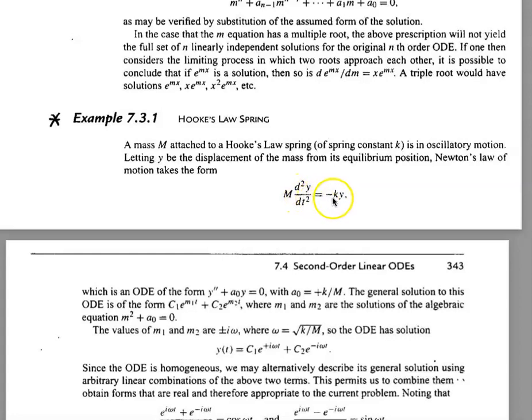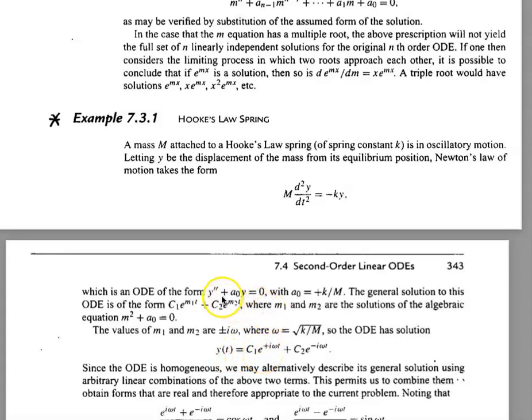And since we're going to assume that the spring force constant is a constant, it becomes a second order differential equation with constant coefficients. So you assume a solution as I just indicated, and now you substitute that into the differential equation. And what you get is an equation of this form.